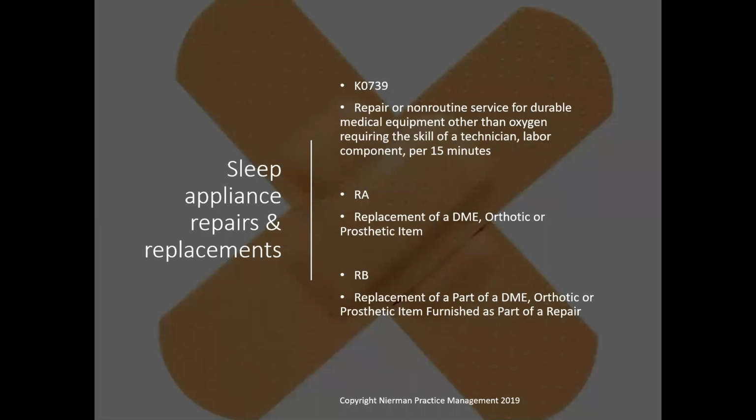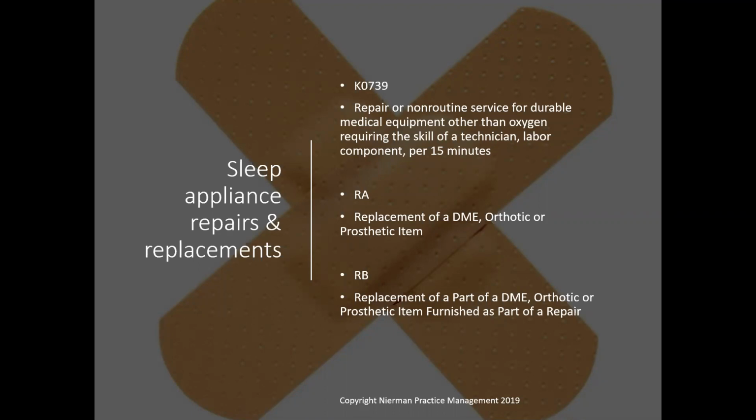Once you have been delivering appliances to patients for some time, you may run into some situations where you need to repair or replace the appliance. The code that you will use for repairs to the appliance is K0739, which stands for a repair or non-routine service for durable medical equipment other than oxygen equipment. Now, this code is billed in 15-minute increments.